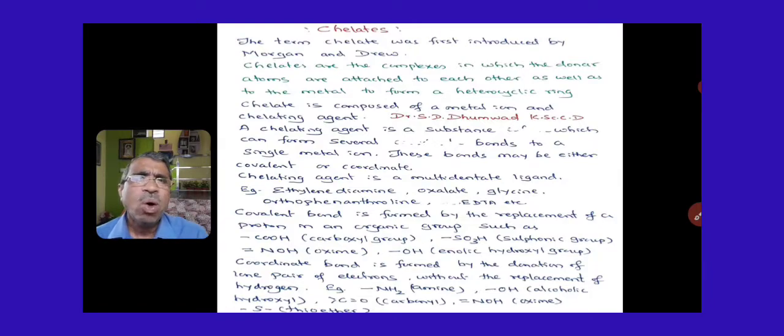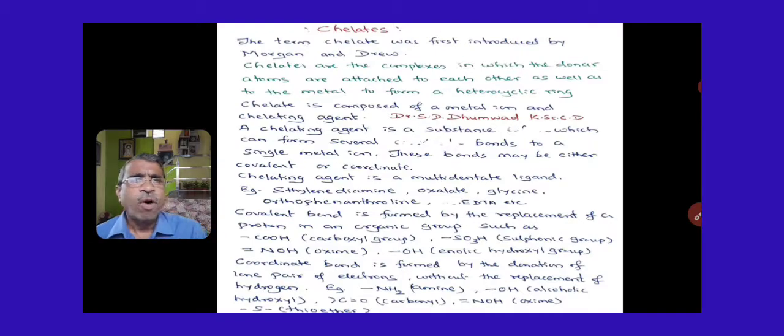The examples of the chelating agents are ethylene diamine, oxalate, glycine, orthophenanthroline, EDTA. EDTA means ethylene diamine tetraacetic acid. It may be the tetraacetic acid or it may be the disodium salt of EDTA.